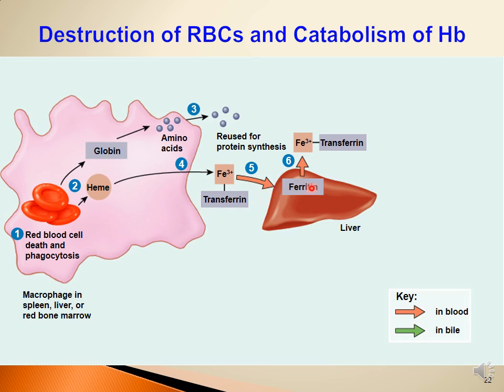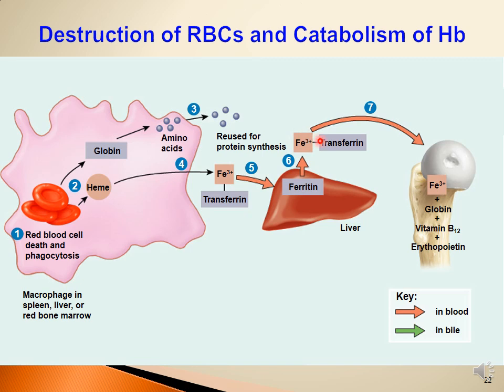Either stored in the liver or directly carried to the bone marrow, the iron will be transported to the bone marrow bound to transferrin.